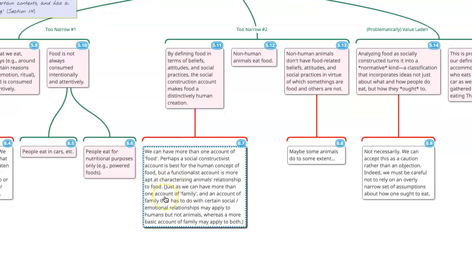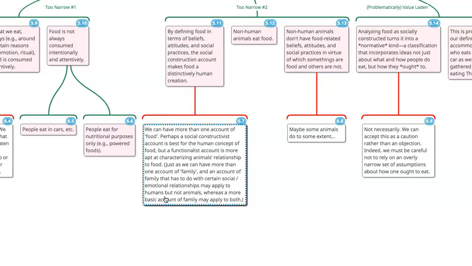And to make it clear, this might be support or it might just be illustration, we've got an analogy. Just as we can have more than one account of family, an account of family that has to do with certain social, emotional relationships may apply to humans but not animals, whereas a more basic account of family may apply to both.